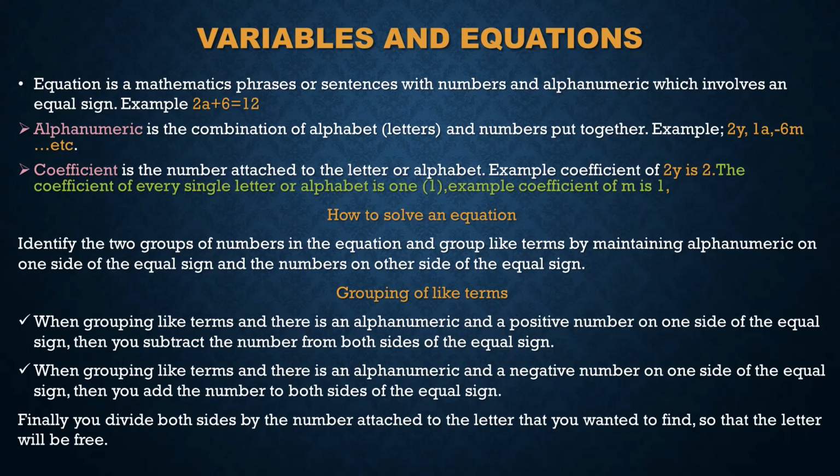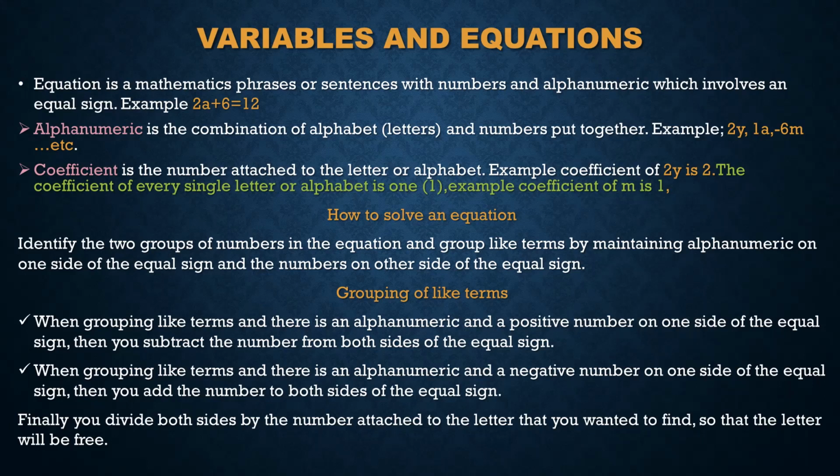Remember, equations involve numbers and alphanumeric terms with an equal sign. You first identify the two groups, the alphanumeric and then the numbers, and make sure you group the numbers on one side of the equal sign and the other terms on the other side.